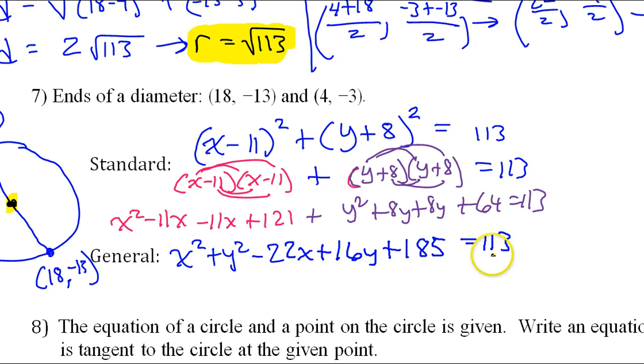Now for general form, you have to have 0 over here, so I also have to subtract 113 from both sides. So that's going to give me 72. I don't feel like recopying the whole thing, so now I will.